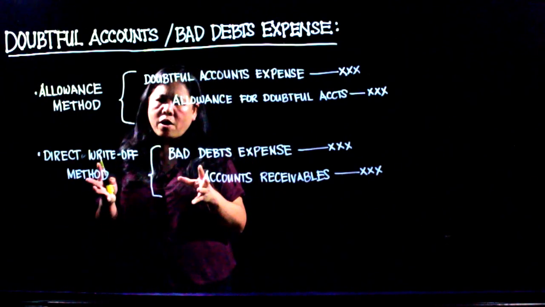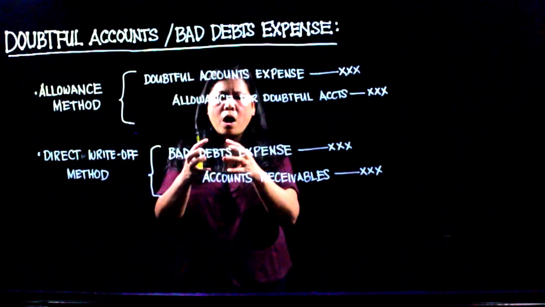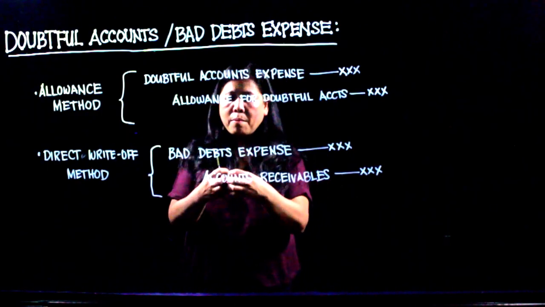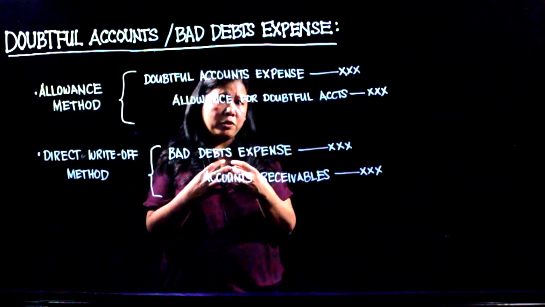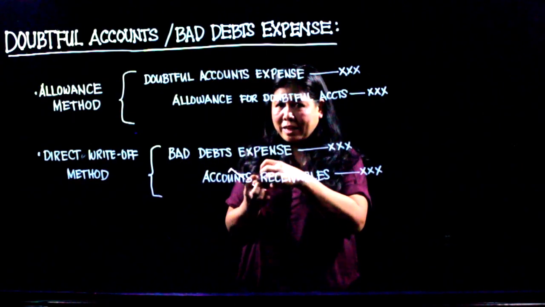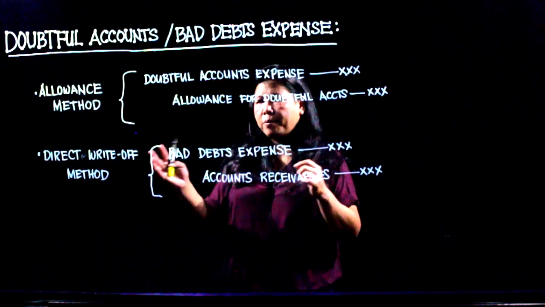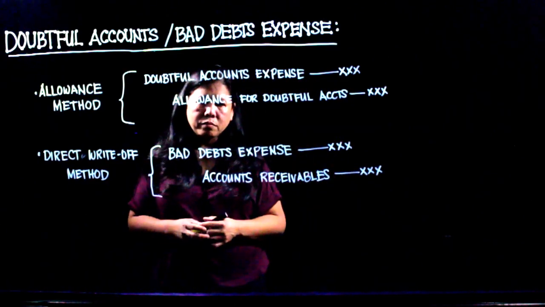For the direct write-off method, we set up our bad debts expense and we take that amount from our accounts receivable directly.